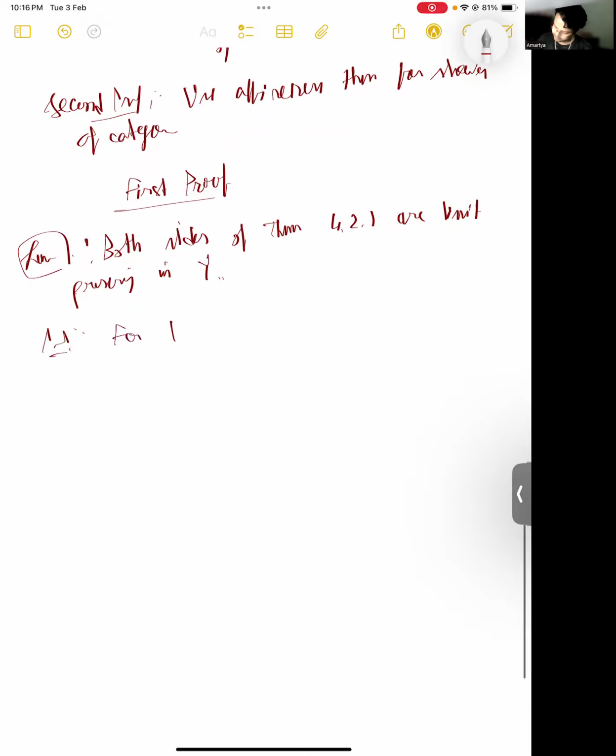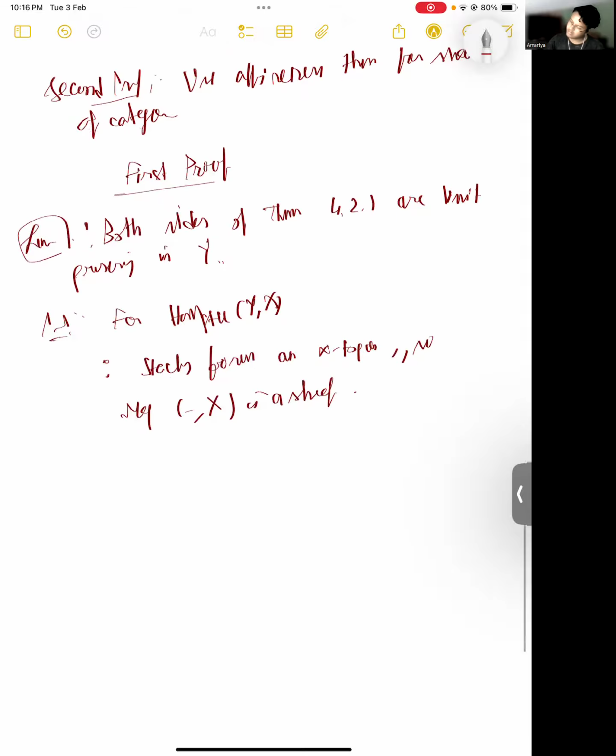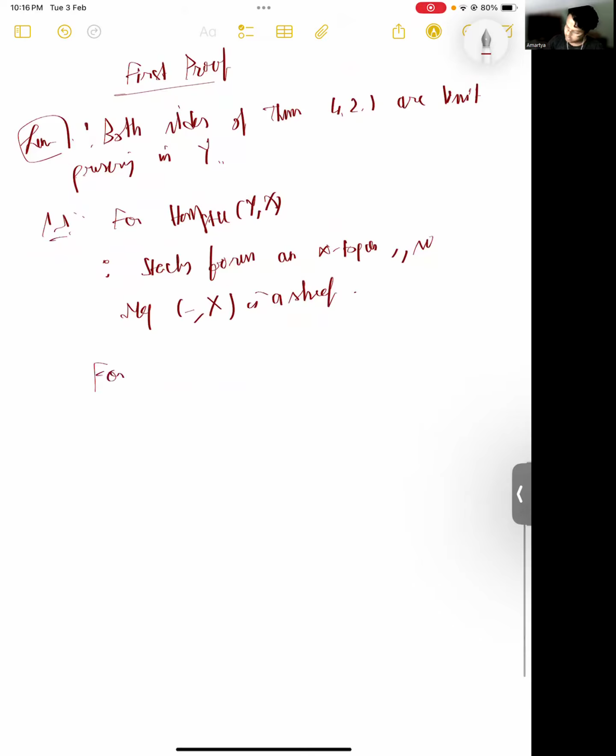For Hom(Y, X), stacks form an infinity topos, and so this mapping space is a sheaf. And now for the other side, Fun^L_{CAlg}(PrL).